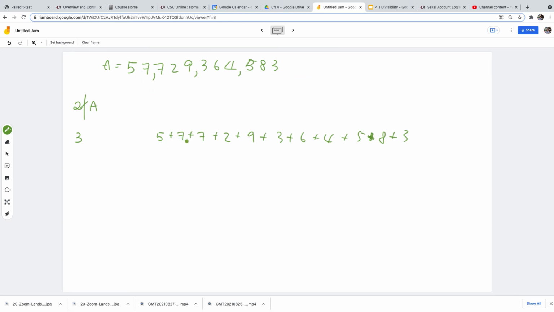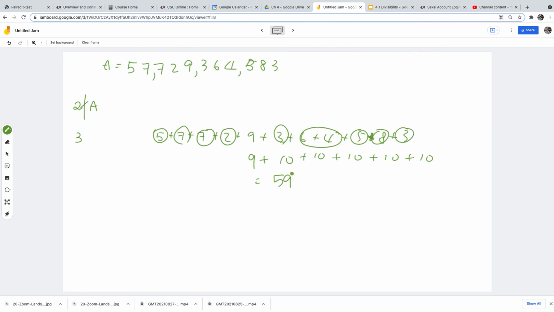Don't you think? Any comparable numbers do you see? 6 and 4? That's 10. 5 and 5, another 10, 2 and 8, 10, 7 and 3, 10, another 7 and 3, 10, and I have 9.